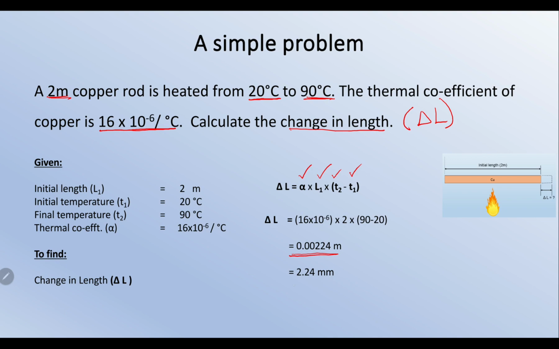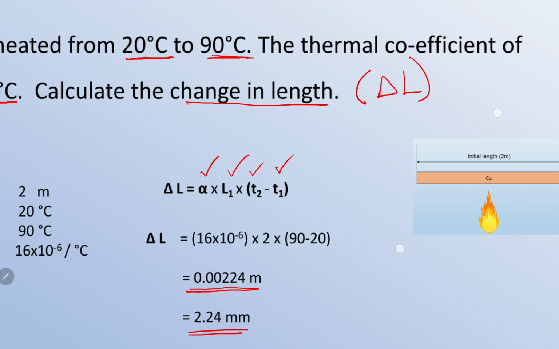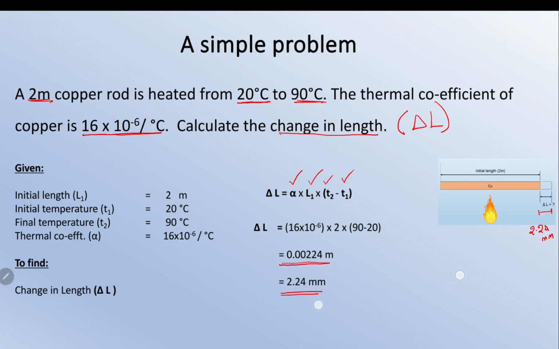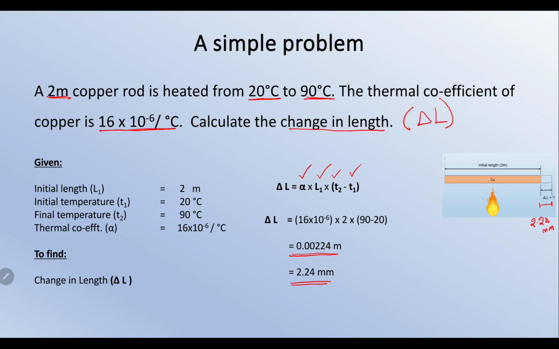Otherwise it is 2.24 millimeter. So all that we are saying is this particular copper rod, when it's being heated, the change in length is 2.24 millimeter. That's it. Do you see how simple this problem is?